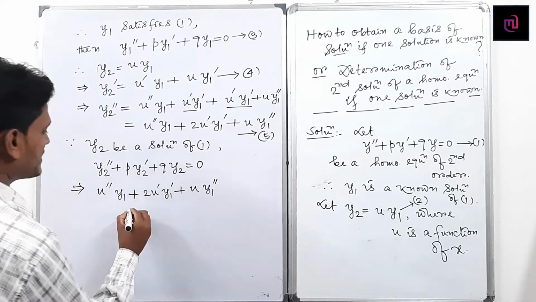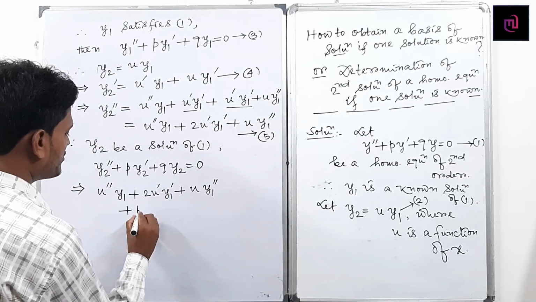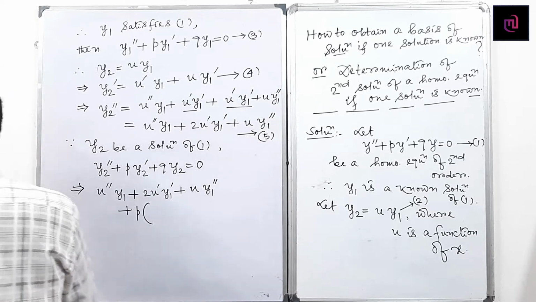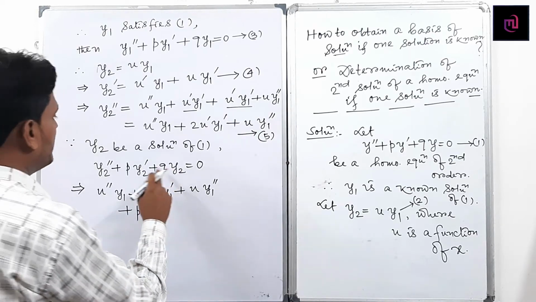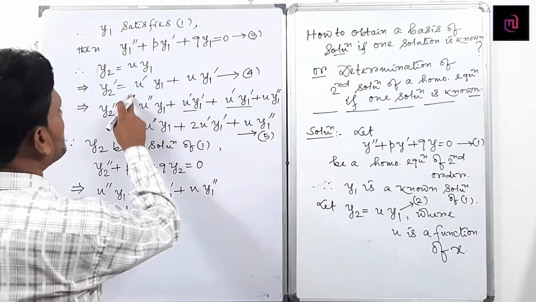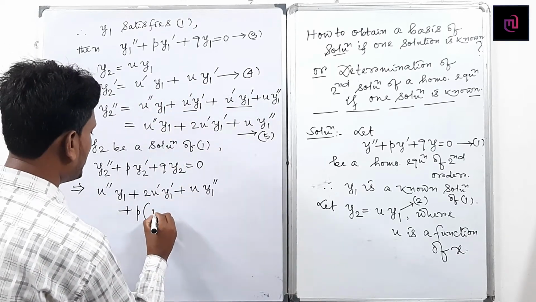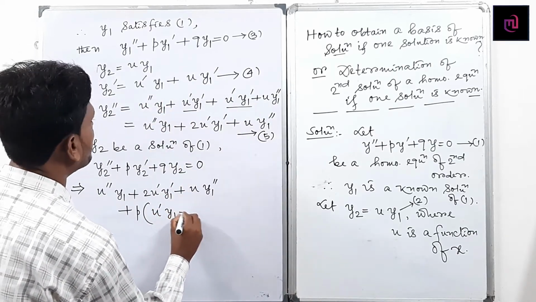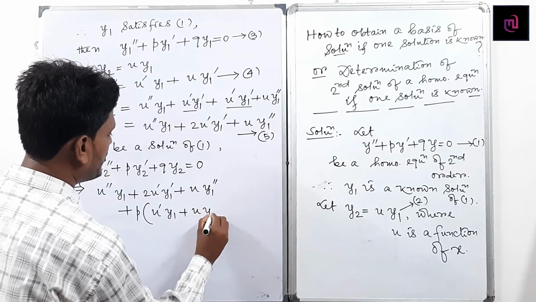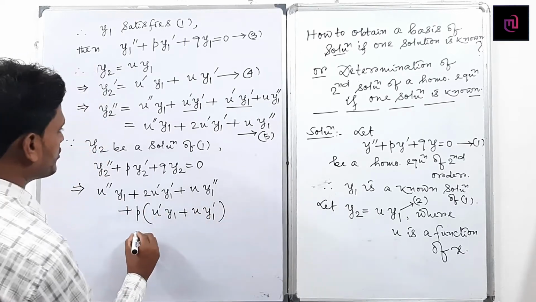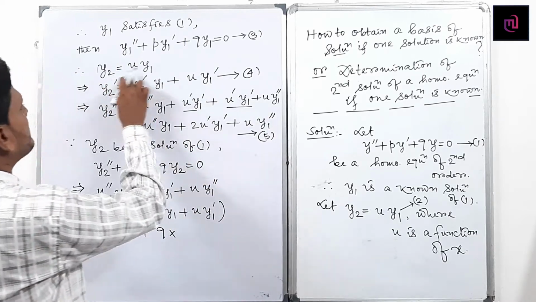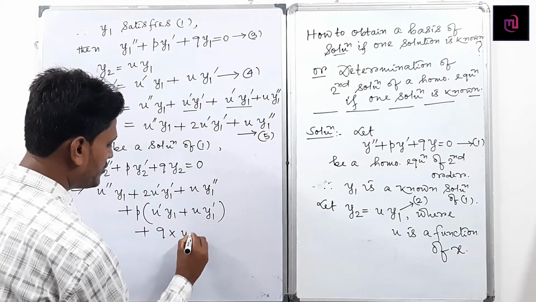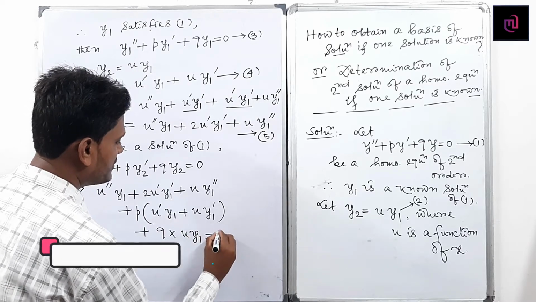Then plus p into y2 dash, where y2 dash is u dash into y1 plus u into y1 dash, plus q into y2, where y2 is u into y1, equals 0.